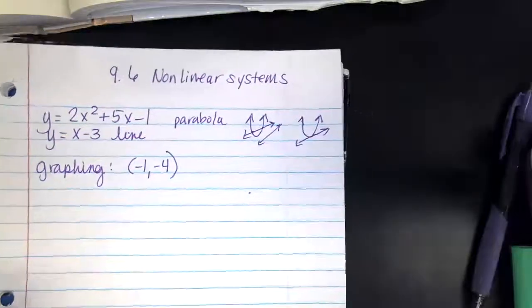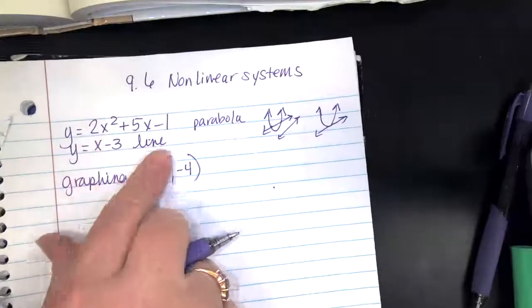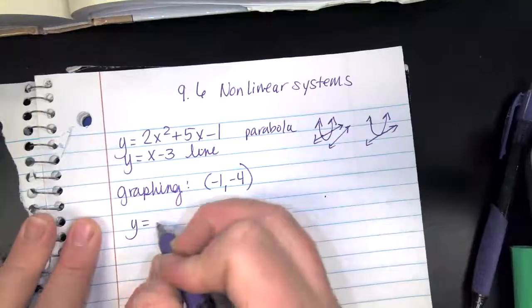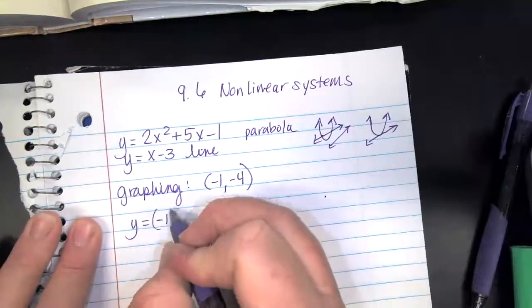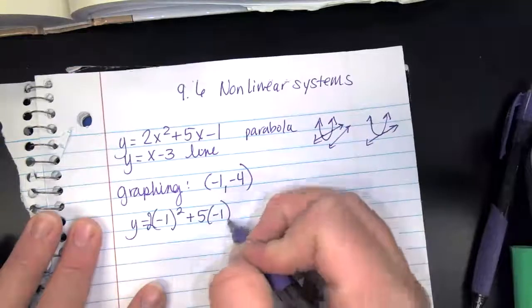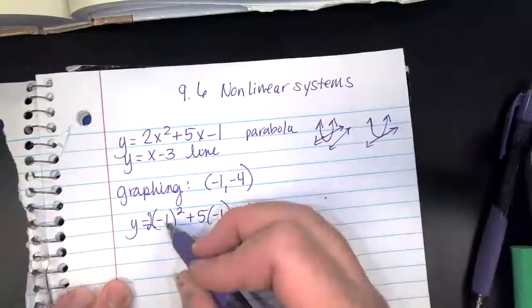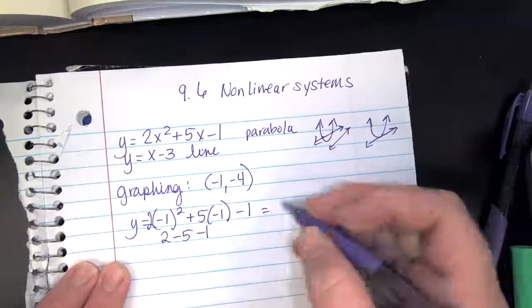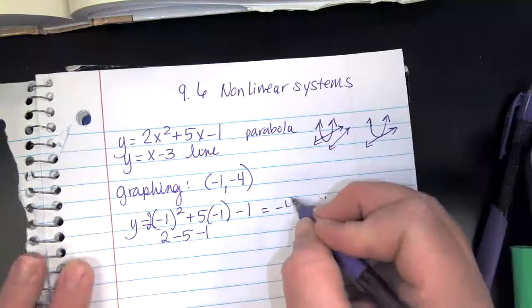You could go back and check that algebraically if we wanted. So y is equal to 2 times -1 squared minus 5 times -1 minus 1. That would be 2 plus 5 minus 1, oh yeah, -4.